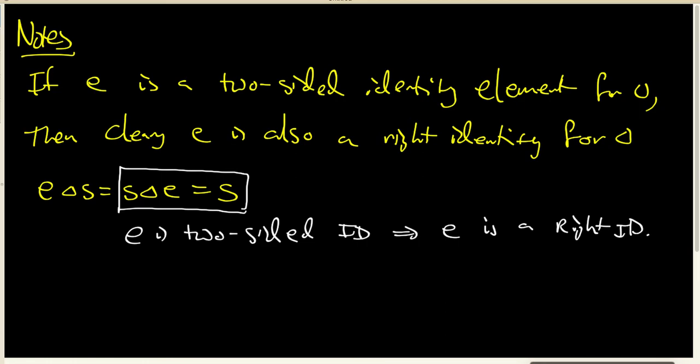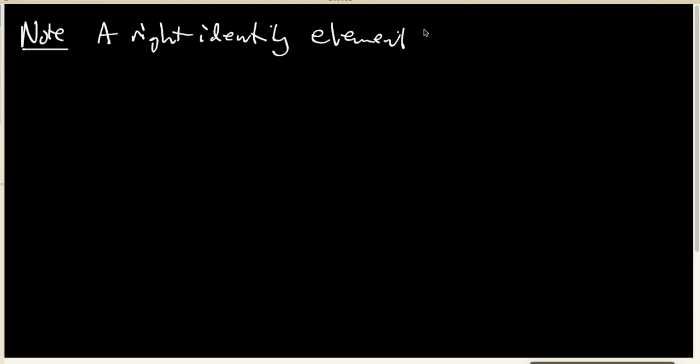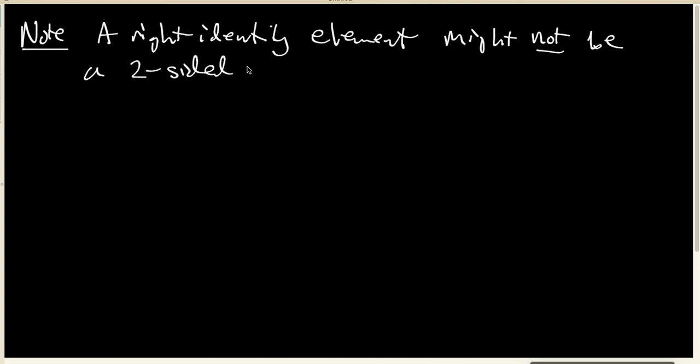So let's look at that as well. So note, a right identity element might not be a two-sided identity element. And I want to show you that by looking at a special example.